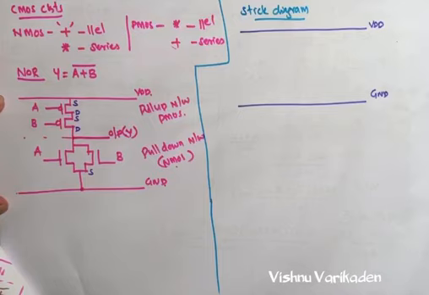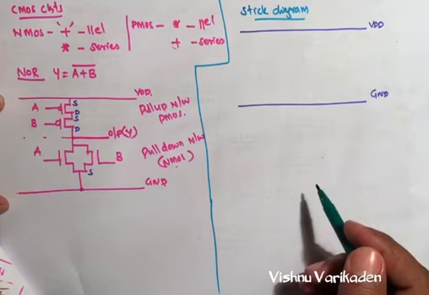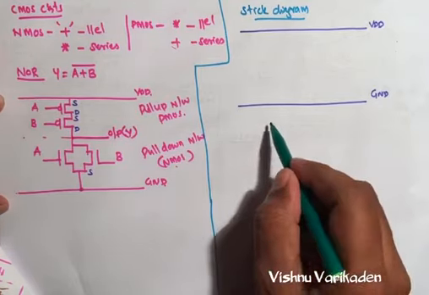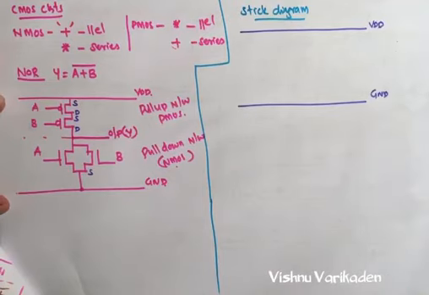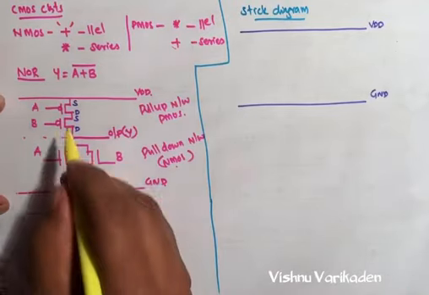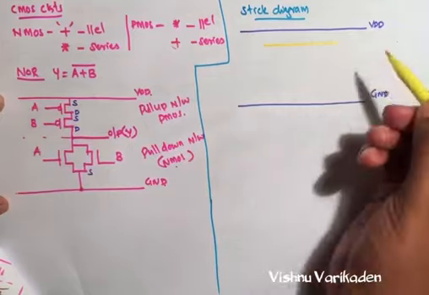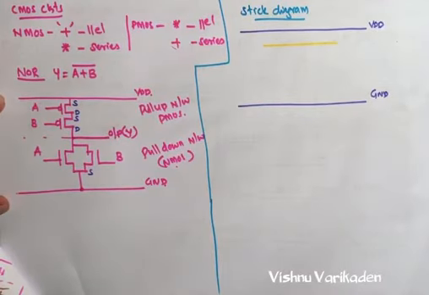So we can make this by just forming the layers. There is yellow for P and there is green for NMOS.